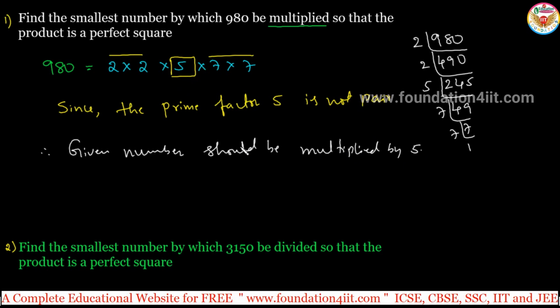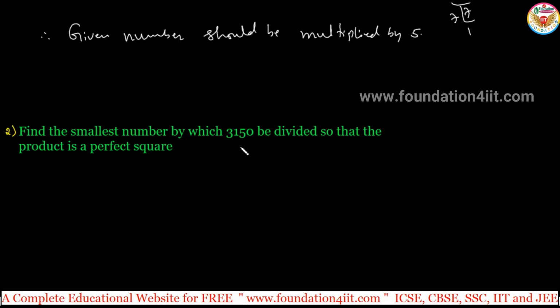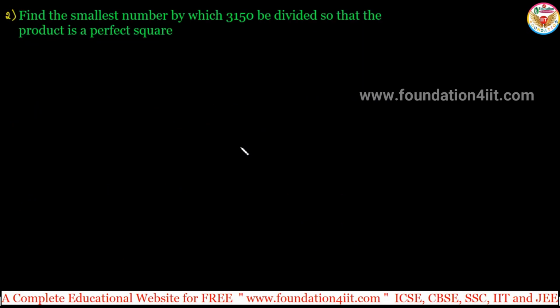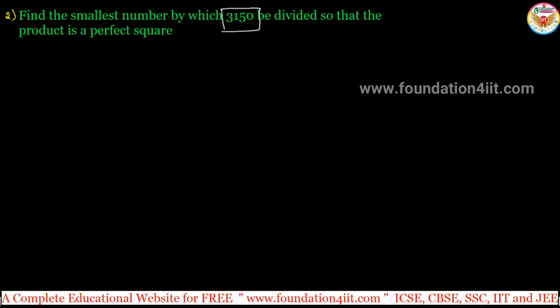Now in the same way, let us see the next one. Find the smallest number by which 3150 must be divided so that the quotient is a perfect square. 3150 is not a perfect square, but what should we divide by to make it one?